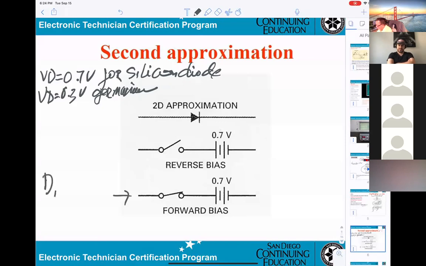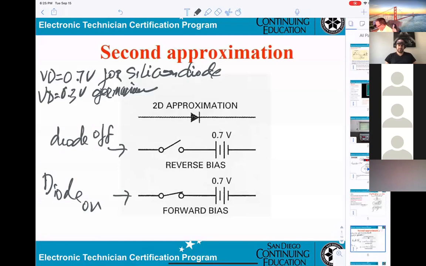Diode on. Okay? When they're on, they act like a 0.7 volt battery. In this case, diode off. They will be open no matter what, no current flow.